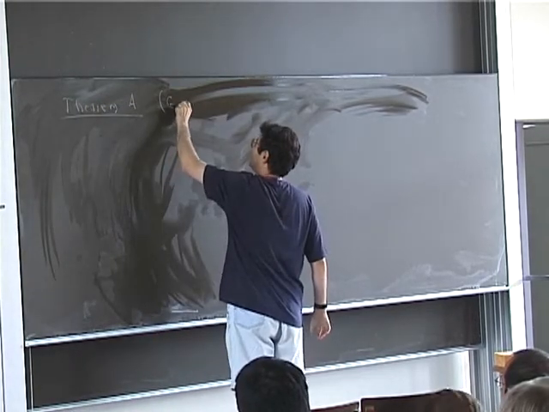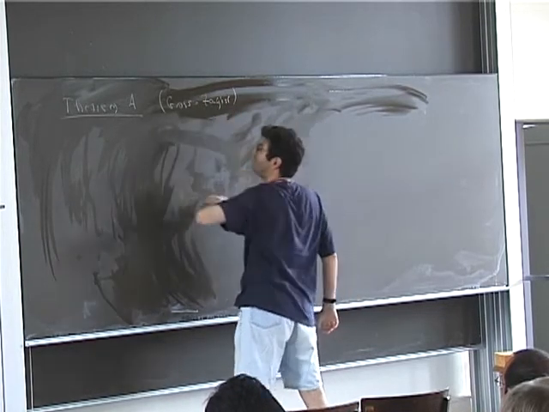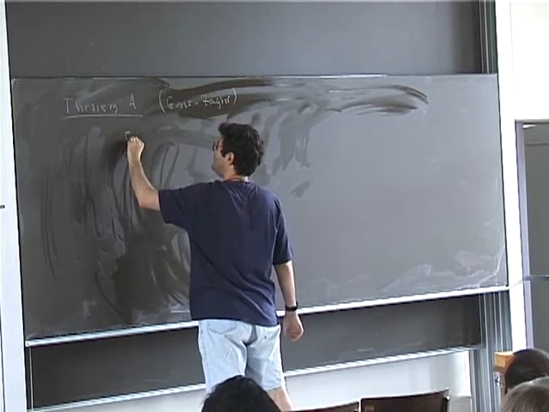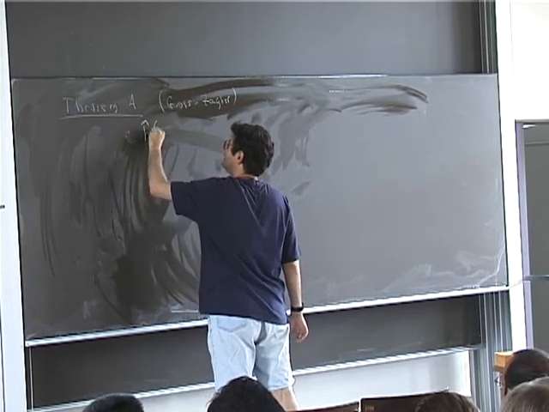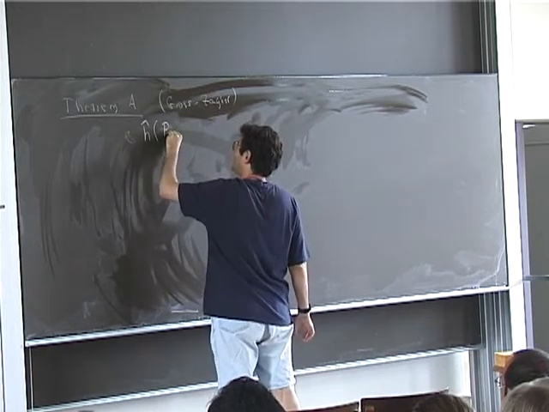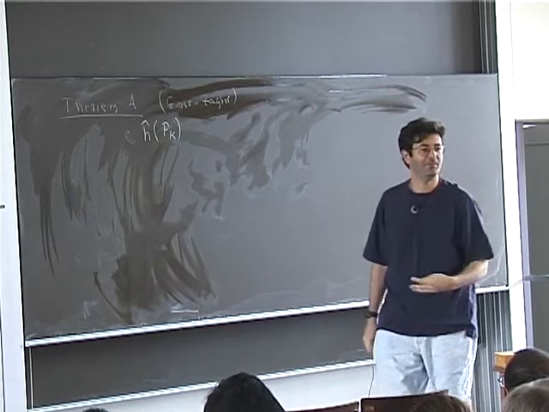So we have this theorem A, due to Gross-Zagier, which I mentioned yesterday, about the height, the Néron-Tate canonical height of the point P_K. I haven't said very much about heights in this lecture series.